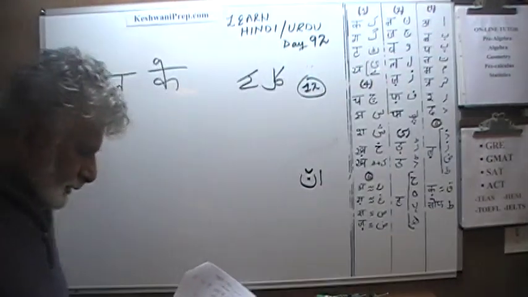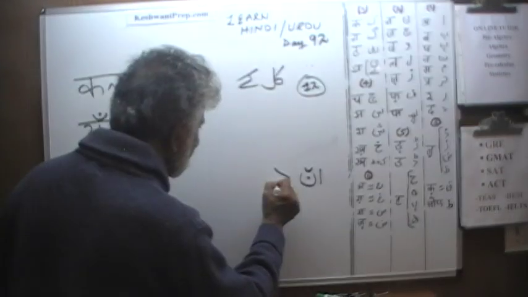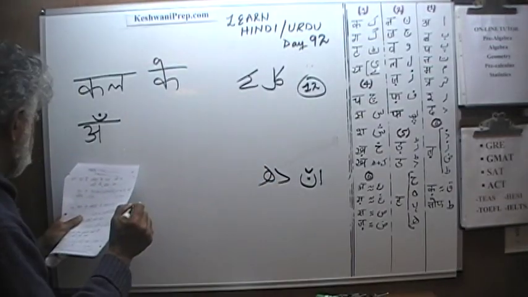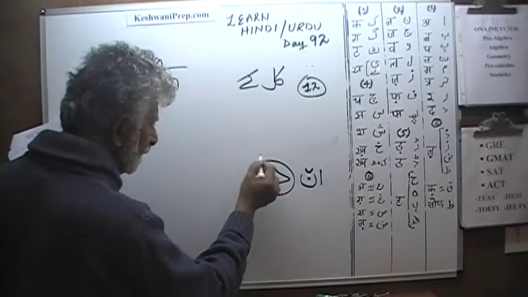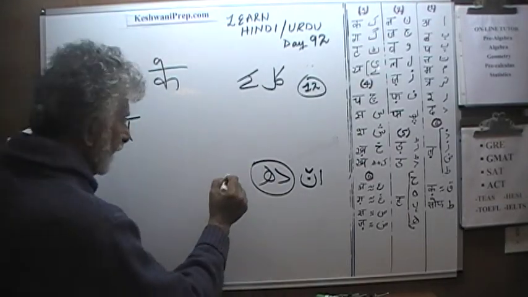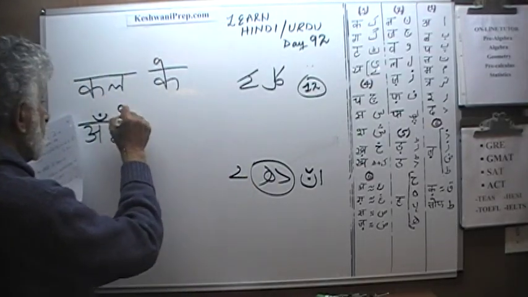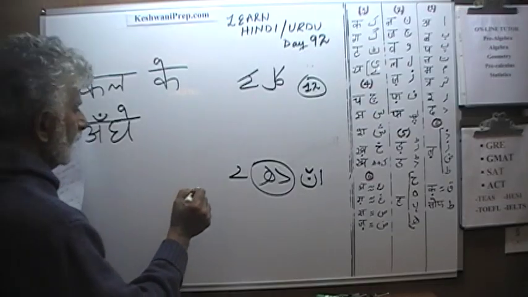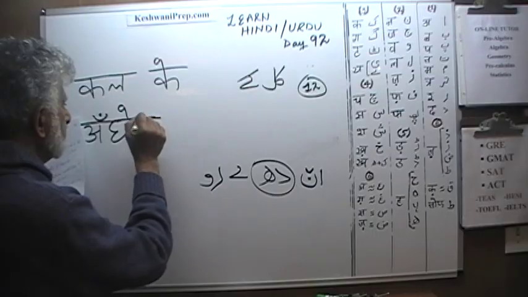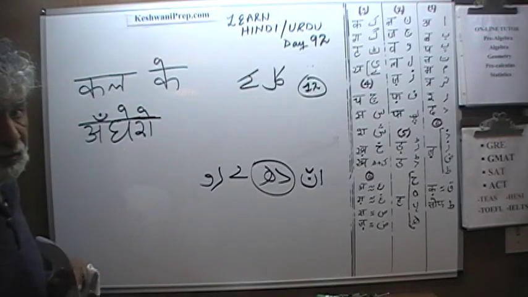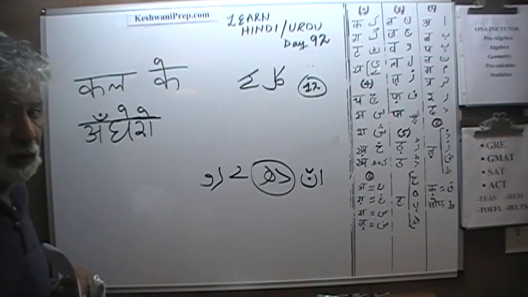Then we need a the, which looks like this. That's a the. We don't need a the, we need a they. And then we need a row. But so far it reads andero. We don't need andero, we need anderon.